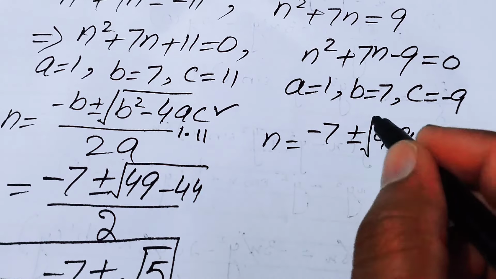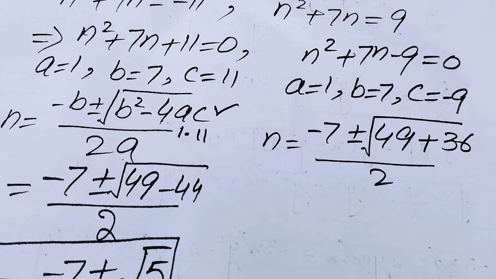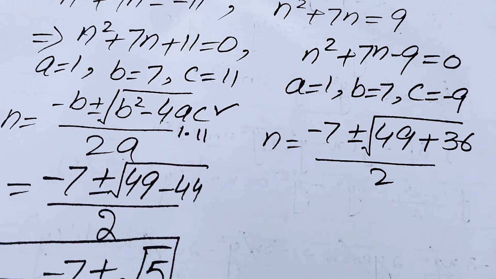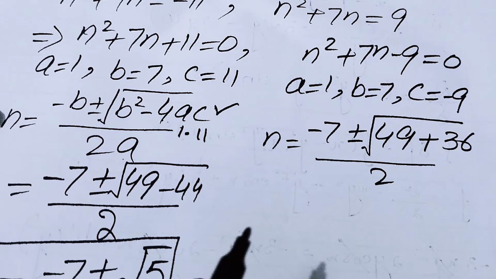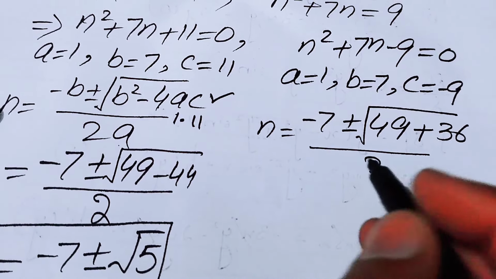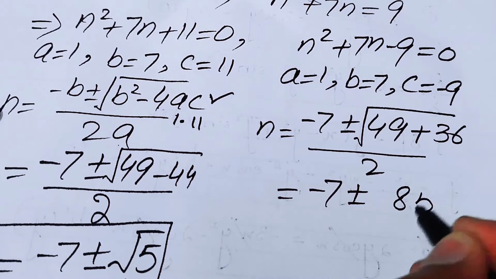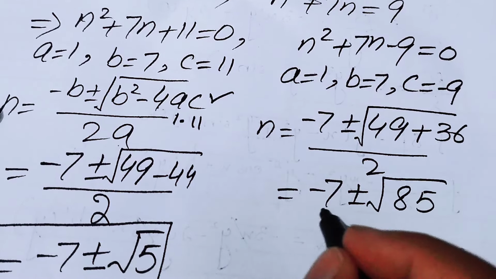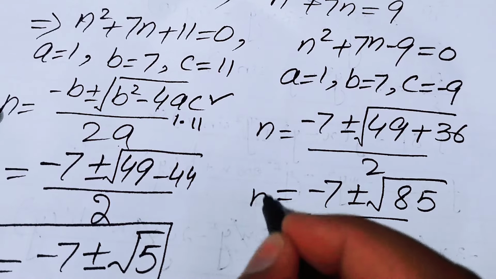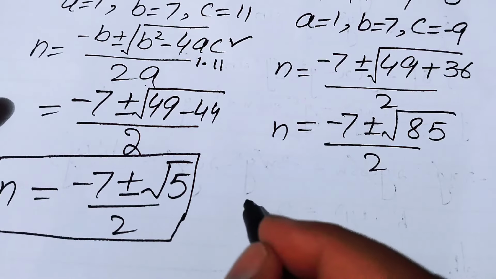So now you can add these two terms, so that you get 49 plus 36 is equal to 85, and you get minus 7 plus minus square root of 85 over 2. So these are the other roots of the given equation.